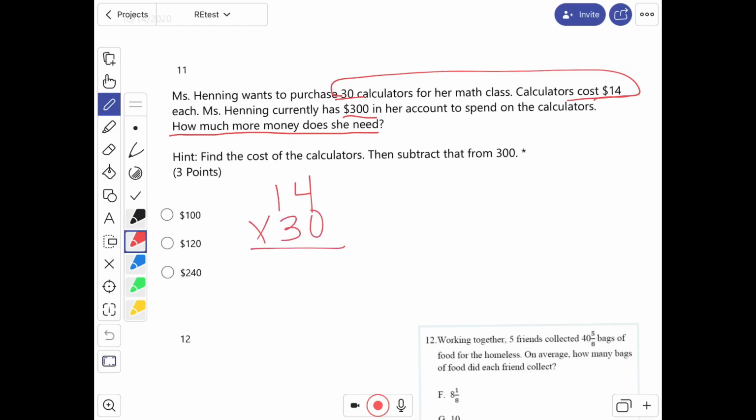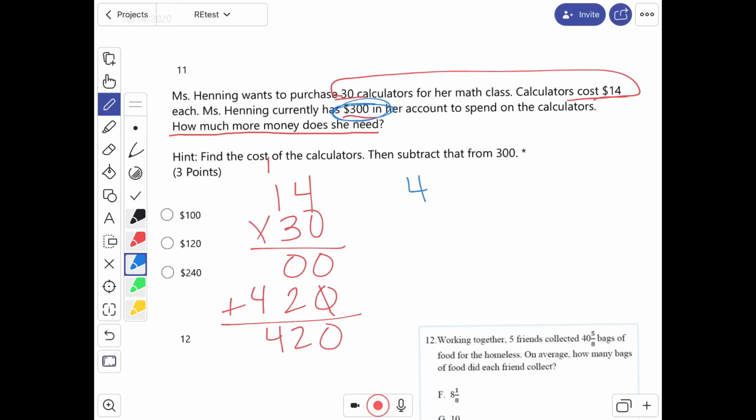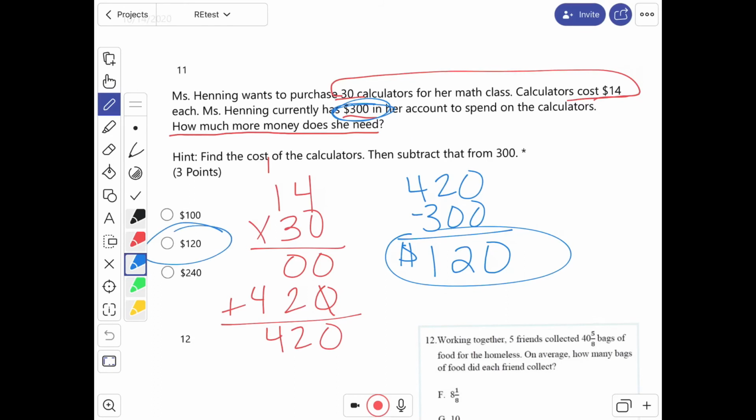If they each cost $14, we're going to be multiplying 14 times 30. 3 times 4 is 12. Carry the 1. 3 times 1 is 3 plus 1's 4. So she needs $420. But she has $300. So then we subtract that $300 to see how much more she still needs. She needs $120.